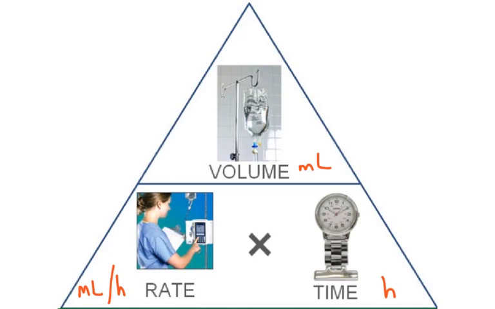The way you would work this, if you were talking about just infusion time, which we are not, but if we were, you would say, okay, I'm looking for the infusion time. So I'm going to cover it up, and I'm looking for this. So what does that tell me to do? Well, what's left?